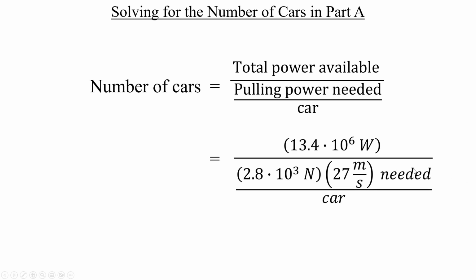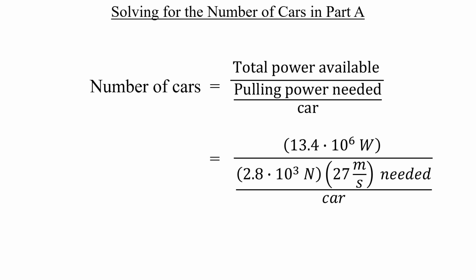The total power is just the full power output of the engines, and the pulling power needed per car is the product of the required horizontal pull per car and the speed that we want the cars to move at.